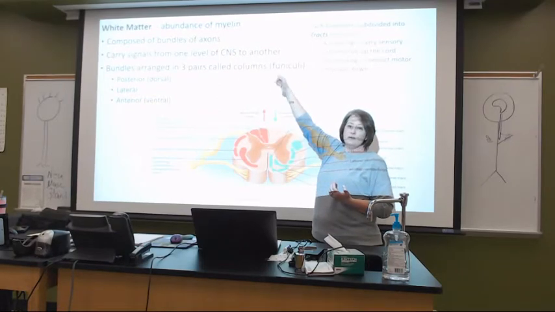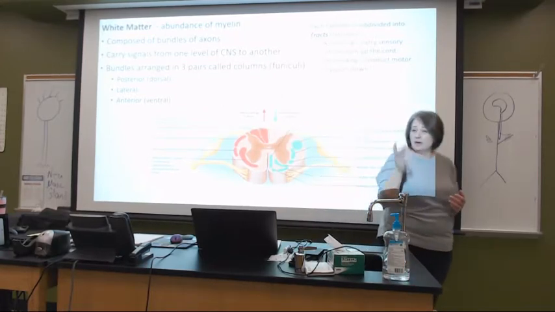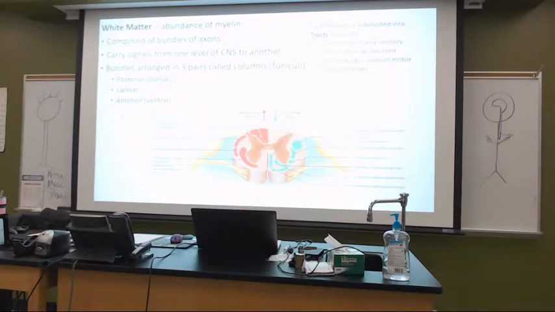We're going to basically move information from one level of that central nervous system, which is the brain and the spinal cord, from one level to another. For example, maybe we need to go from lumbar to thoracic to cervical to thalamus to the frontal cortex. Maybe it needs to go to the temporal region. Maybe it needs to go to the occipital. Do you see where I'm going with that? From one level to the next.